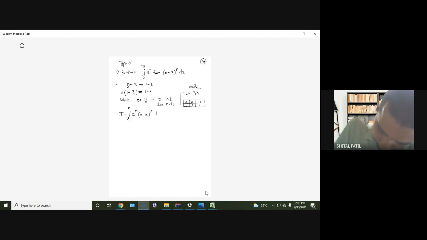0 to 1, x. x is equal to nt raised to m. n minus x, but what is x? nt. dx and dt. n is taken outside the bracket.